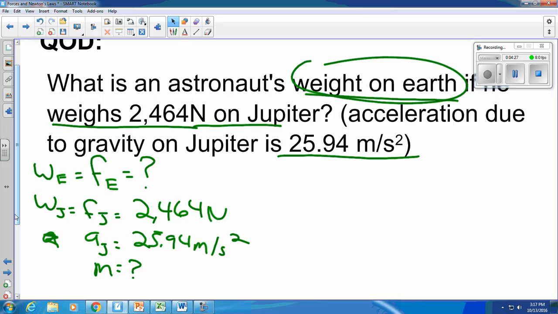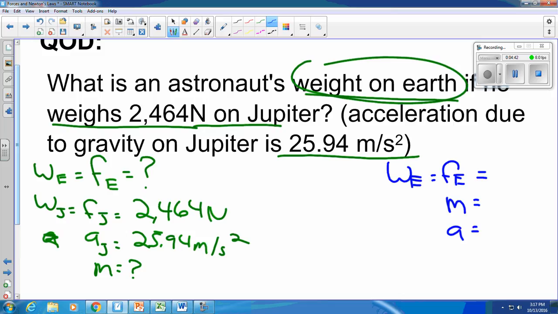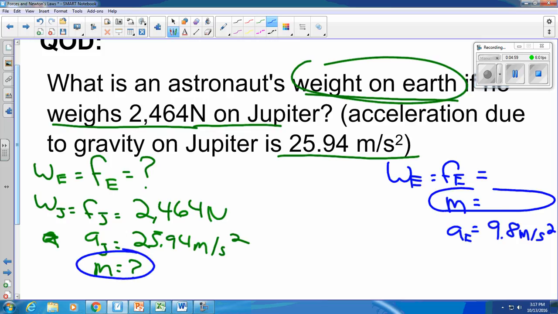So in order to answer the question of my weight on Earth or my force on Earth, I need a couple of things. To know force, I need to know a mass on Earth. I also need to know an acceleration on Earth, which hopefully you know is 9.8 meters per second squared. My mass on Earth, what a cool thing, is the linking piece between these two problems.